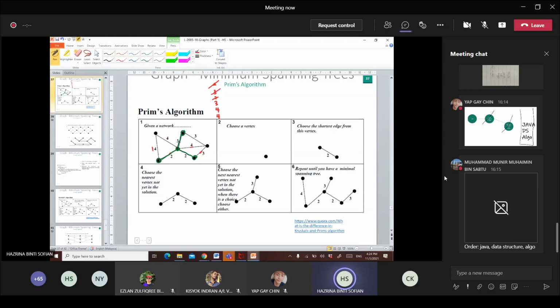Okay. So when it reaches here, we can also go to this path, 1, 2, 3. Okay, but in this example, it will go to this.